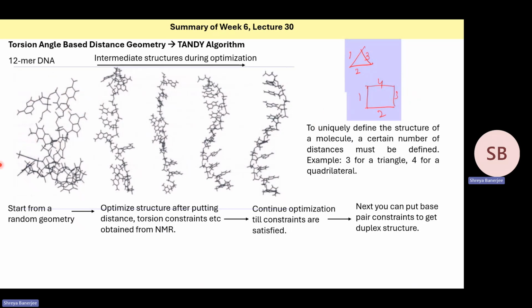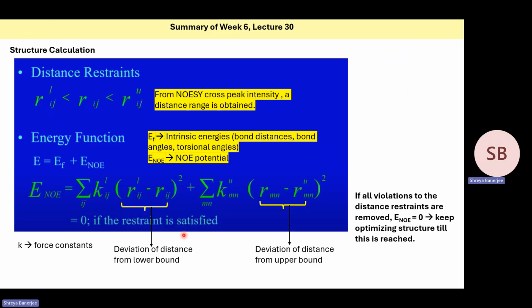Suppose we start from a 12-mer DNA and we start from any random geometry. We start the optimization process by putting in the distance constraints, torsion constraints, etc. that we obtained from NMR. This optimization is repeated till all the constraints are satisfied. Till all the constraints are satisfied, ENOE will not be 0.